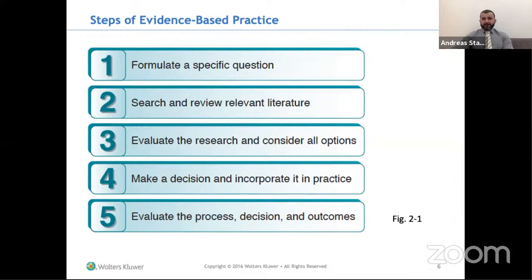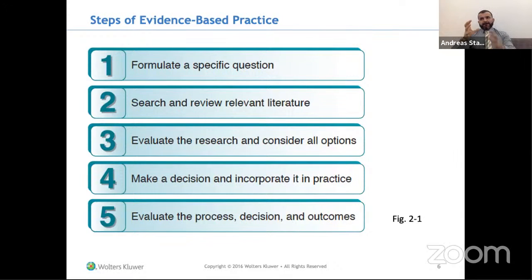I have to formulate a question that is very specific to what I need right now. When I have that, which is the most important thing because it shows me the way, I can go and search the literature. Once I search the literature, I can figure out from all the evidence that is in there what is relevant to my case, what is important, what is high quality research that I can use.